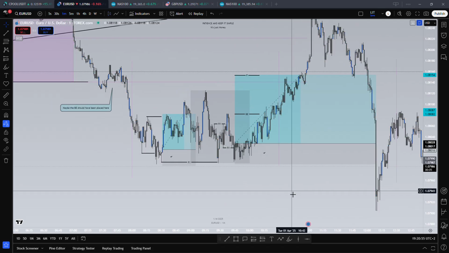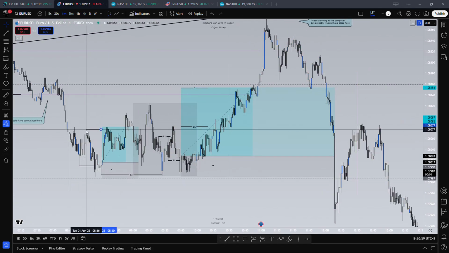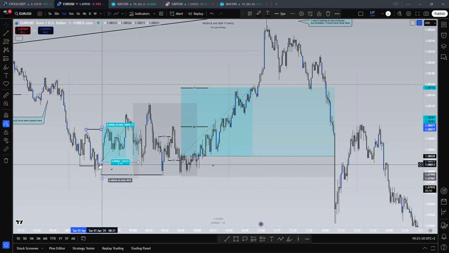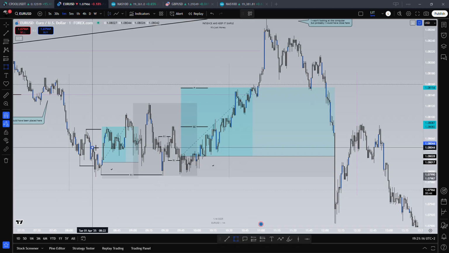As you can see on M1, we went lower, then we broke this structure here. Here we break a structure. This was the relevant liquidity. But after breaking this structure low, I'm having this S&T reaction here.